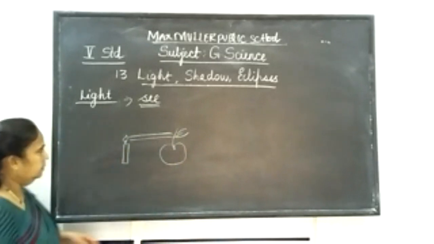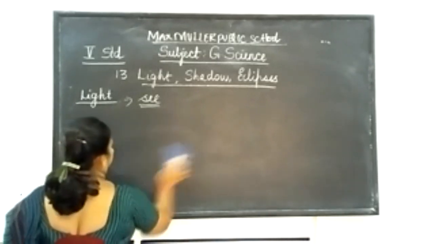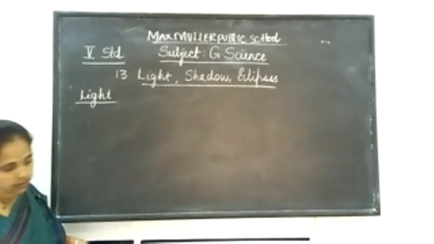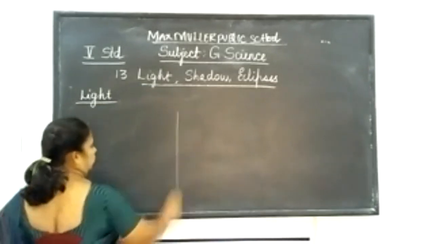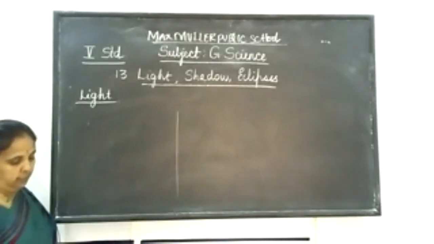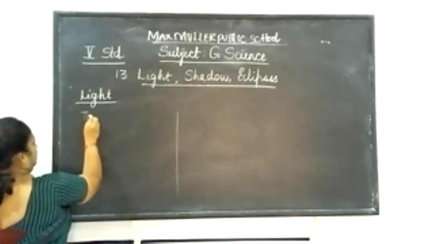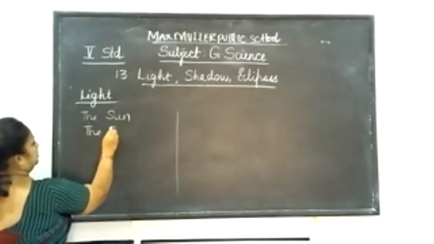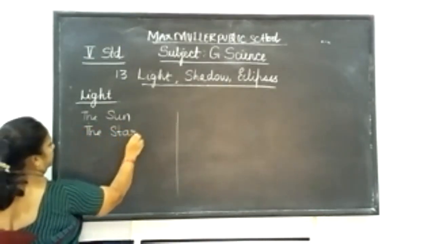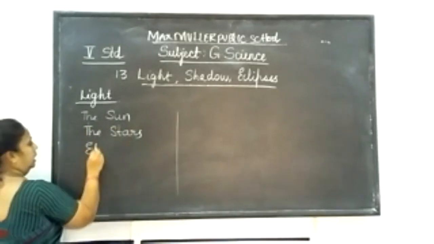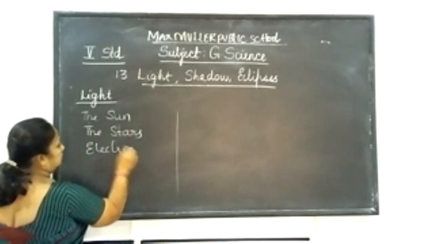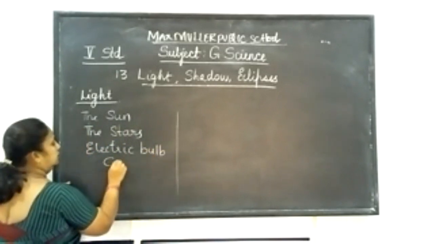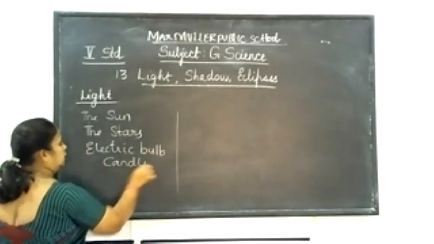Now, the next part: I'm going to make two columns and list a few objects. In the first column, I would like to write the sun, the stars, electric bulb, candle, torch.